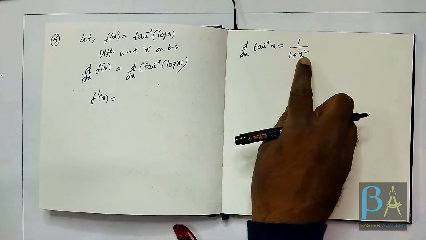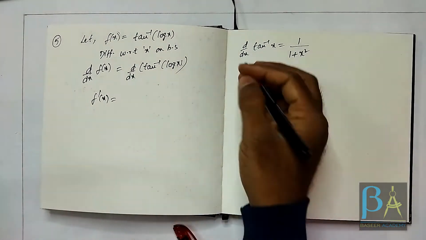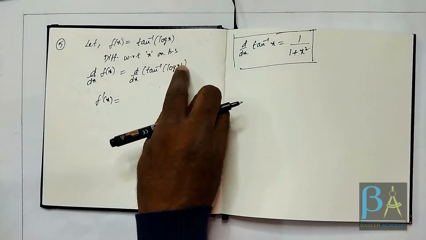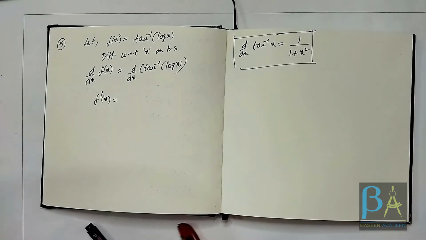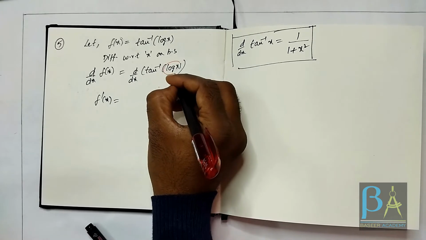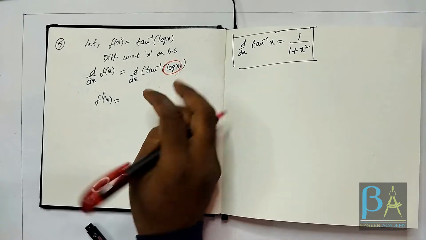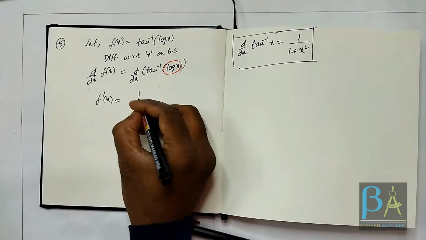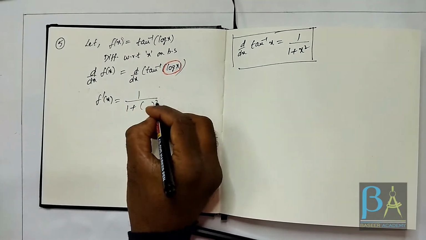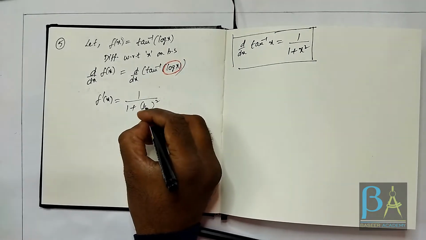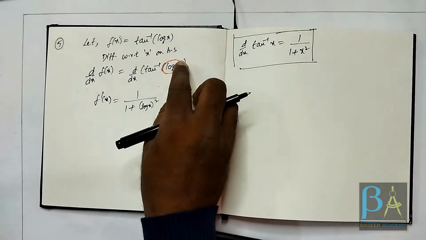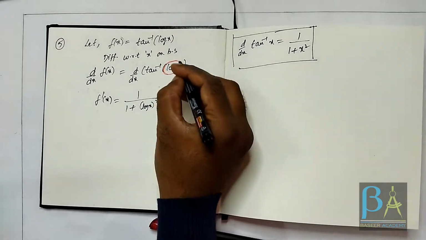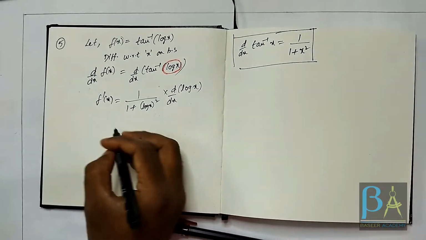So I'm going to assume log x as x, this complete thing, log x is x. So now d by dx of tan inverse x is nothing but 1 by 1 plus x square, and I'm assuming log x is x here. But in reality log x is not x, so we have to differentiate this thing also as per the chain rule. So what happens?